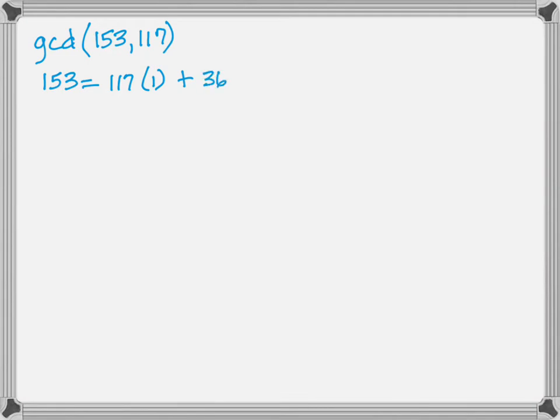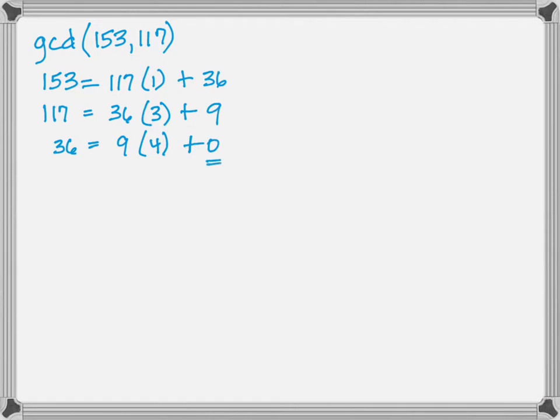Now let's take 117, and how many times does 36 go into 117? Turns out it goes in 3 times, plus 9. And then the last thing we do is we take the 36 and we say 36 is equal to 9, in this case, times 4 plus 0.